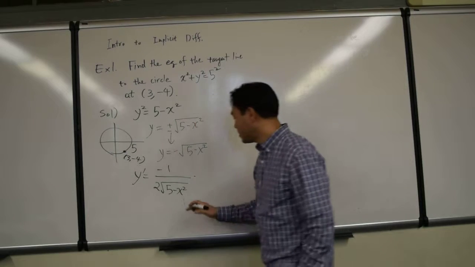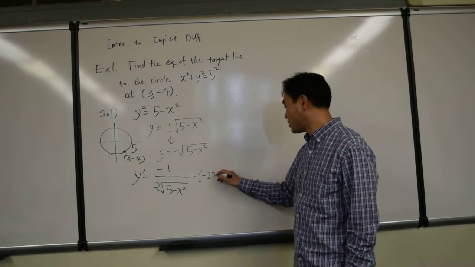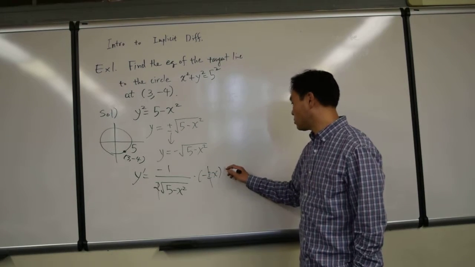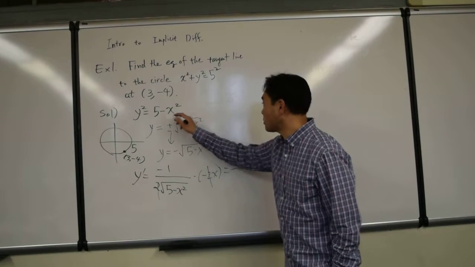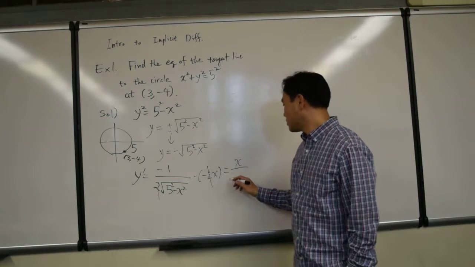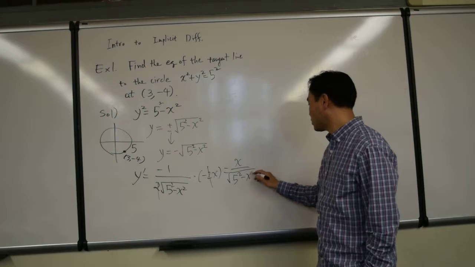Okay, and then 5 squared minus x squared, when you put it out and differentiate, it's this negative 2x. 2 cancels, negative becomes positive, so you have x over, sorry, this should be 5 squared. Forgot that, okay. I have the square root of 5 squared minus x squared.